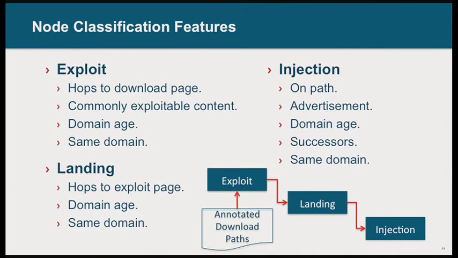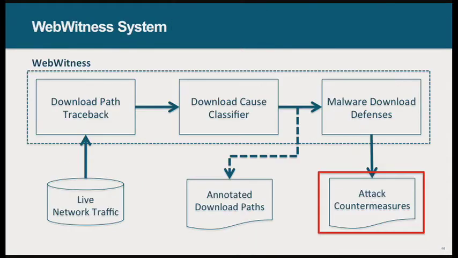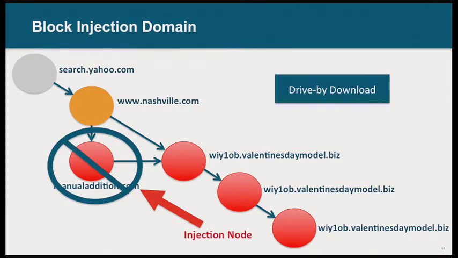Here are the features for our 3 different classifiers for the exploit, landing, and injection. They work basically in a cascade mode. The output of the exploit classifier is fed to landing, and the output of the landing and the exploit classifiers is then fed to the injection page. The output of this system is an attack countermeasure, and in our case, the attack countermeasure is to block that injection domain.